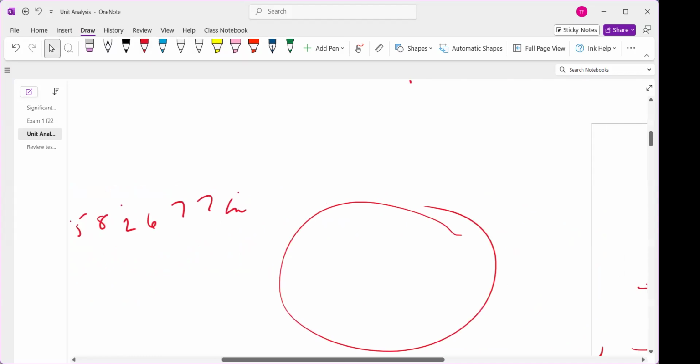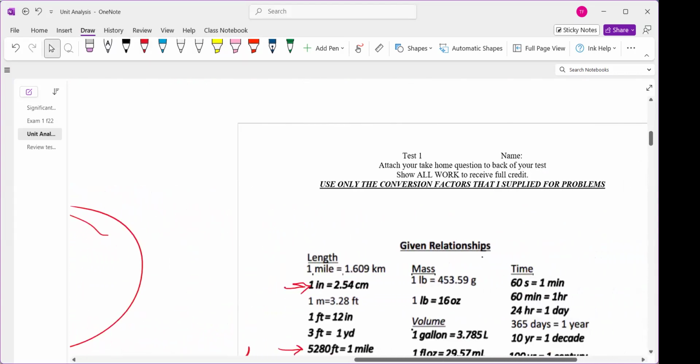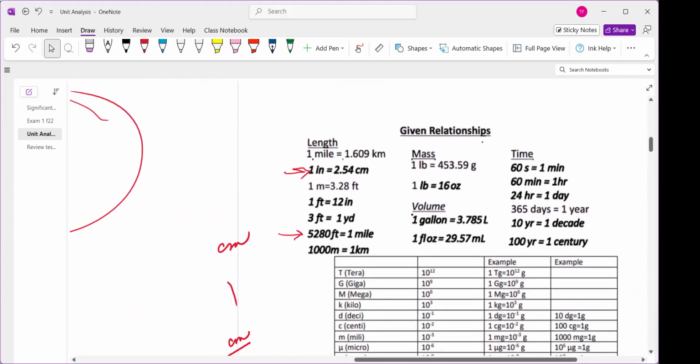Now, the conversion factor relationships. I bold-faced some of them. Those are the perfect ones. The other ones you need to apply sig figs rules.